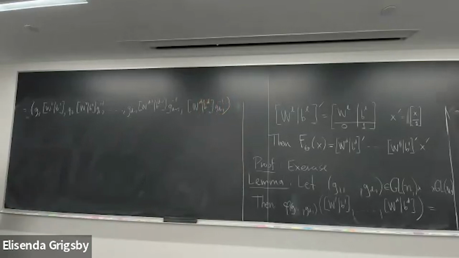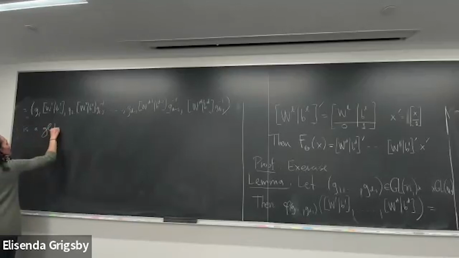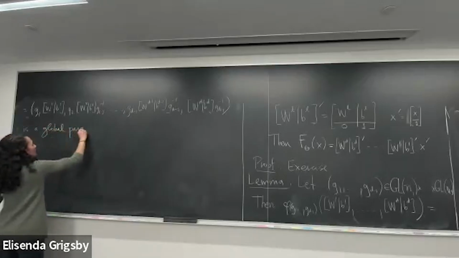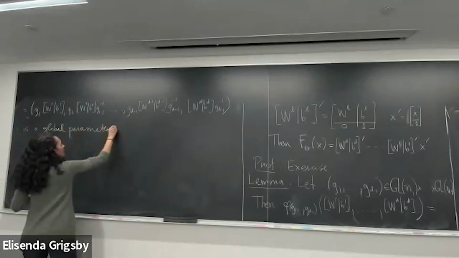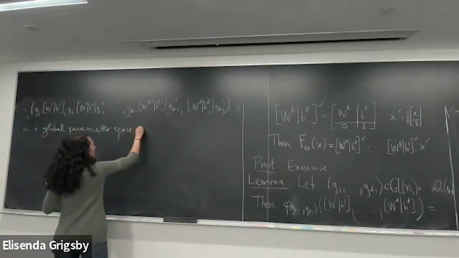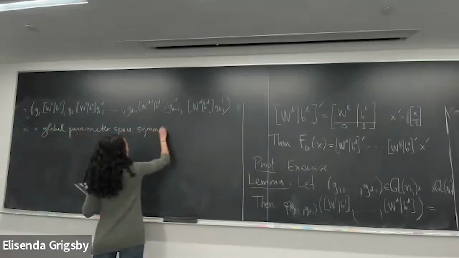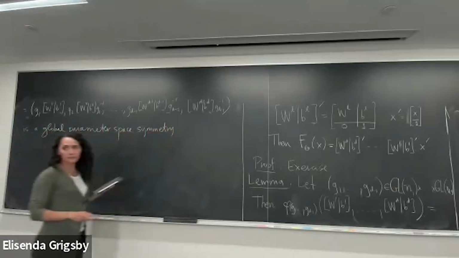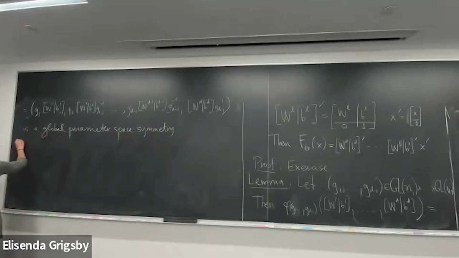So I'm claiming that this is a global parameter space symmetry. And the proof is you can check by using the previous lemma.